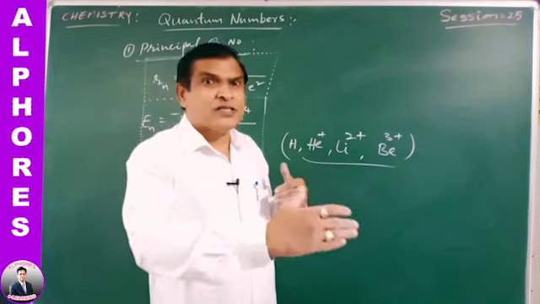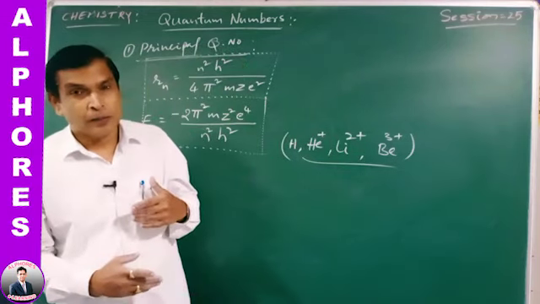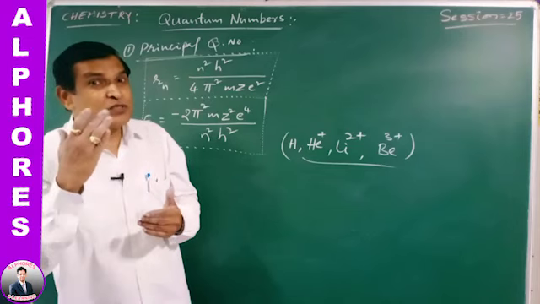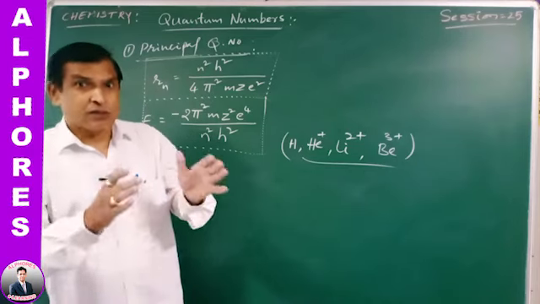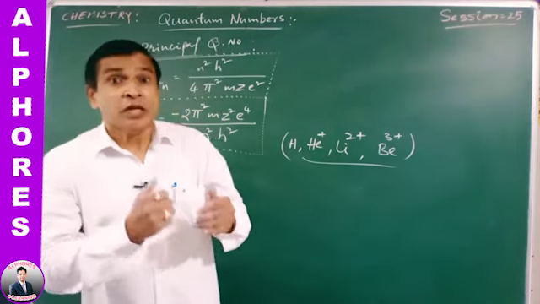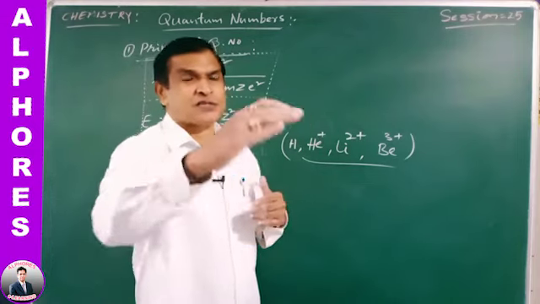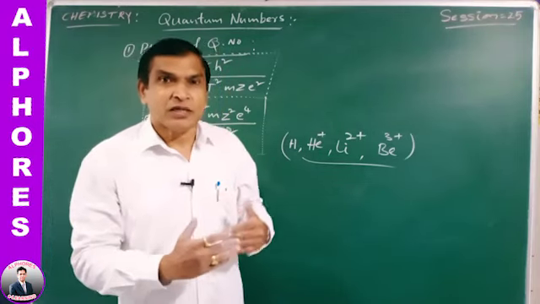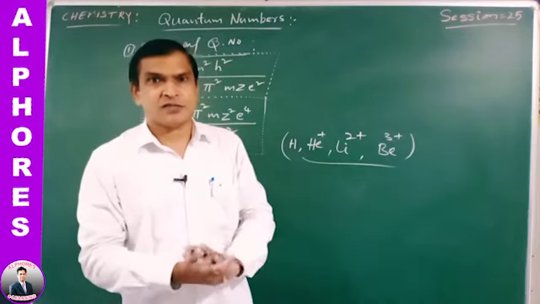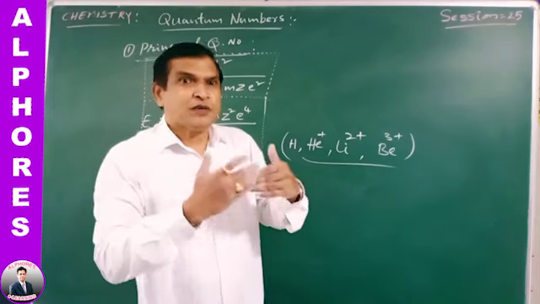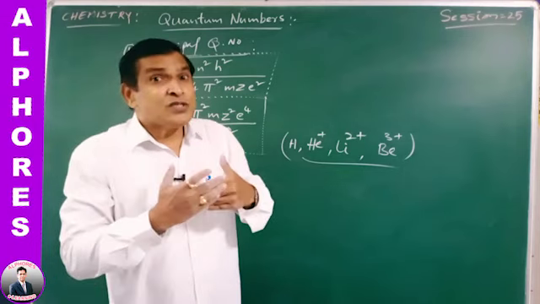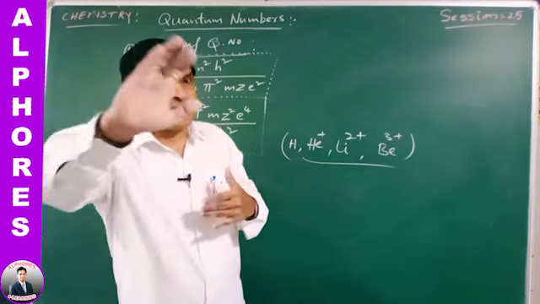As the number of orbits increases, the size, that means the radius of the orbit, increases. The energy of the electron also increases, but the energy difference between successive orbits gradually decreases. The velocity of the electron also decreases.